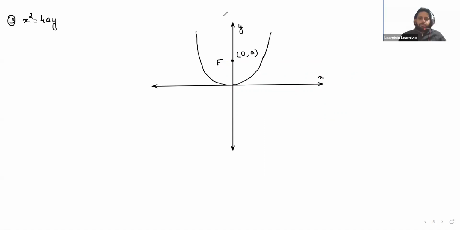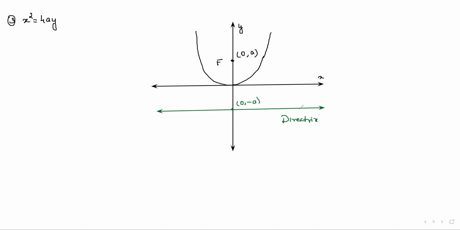Now for this parabola, if you will draw the directrix, then the directrix will lie over here. So this is directrix. So this is 0, a. That's why this point will be 0, minus a. This is x-axis, this is y. Anyone can tell me the equation of directrix? So y is equal to minus a.